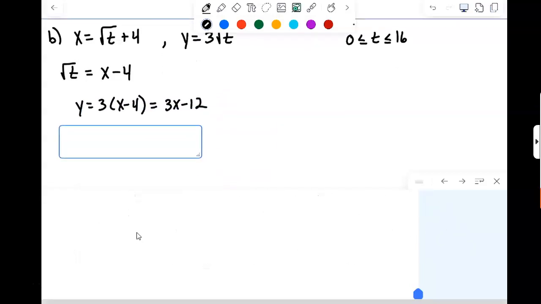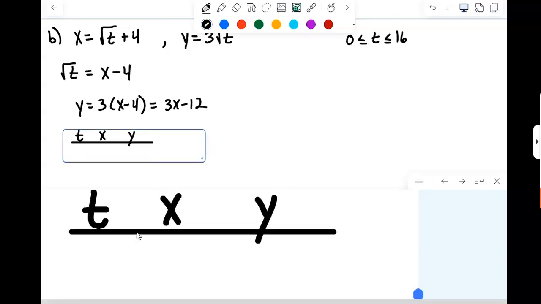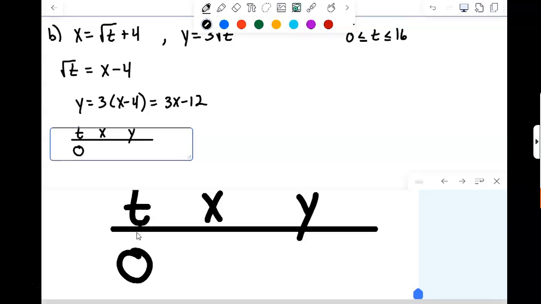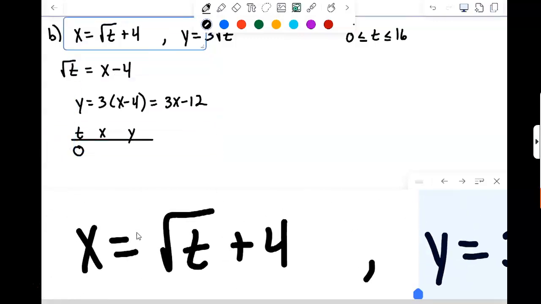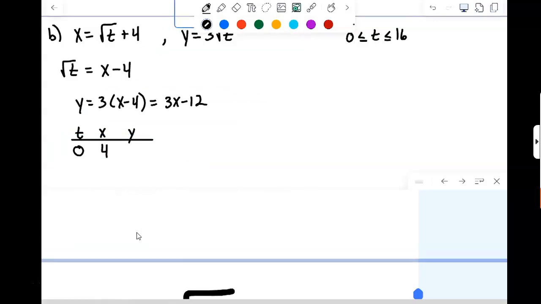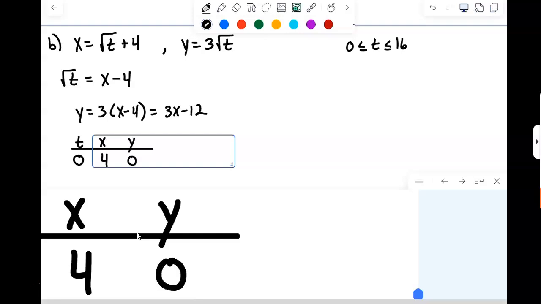And once again, we want to compute a few points, at least your first and last. And again, if you want to add a middle point in there, to fill things out a little more, that's perfectly fine. So t is ranging from 0 to 16. So if I plug in 0, that would be square root of 0 plus 4, which is 4. 3 times square root of 0 would be 0.